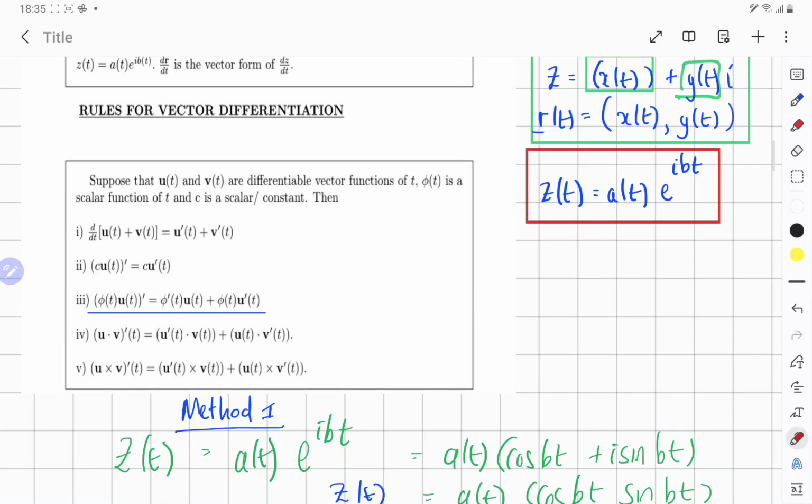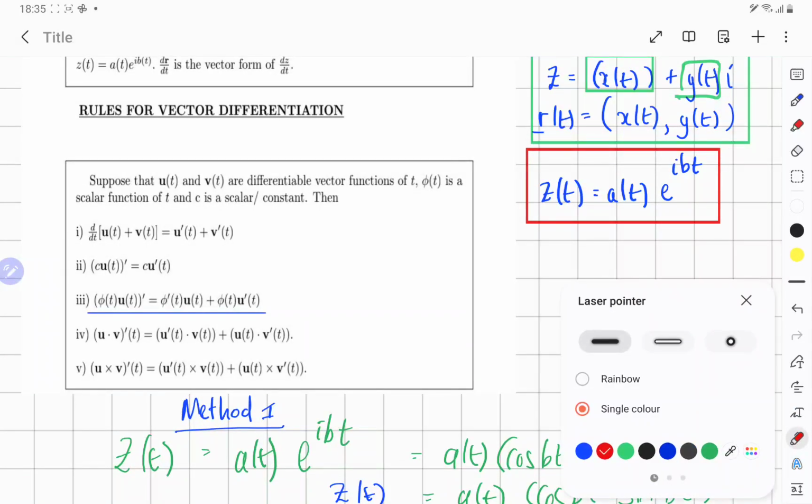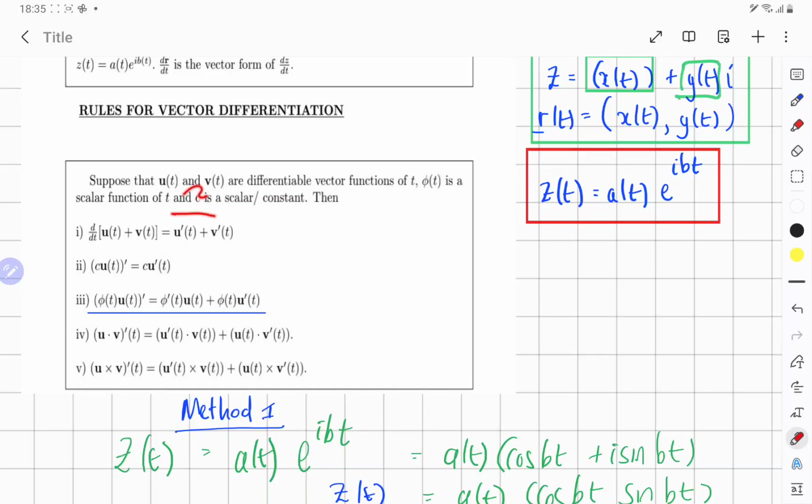Now, very important, just rules of differentiation. You all know, so if u and v are differentiable vector functions of t, and phi(t) is a scalar function of t.